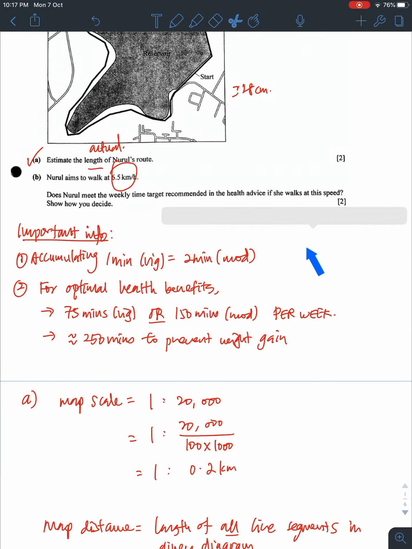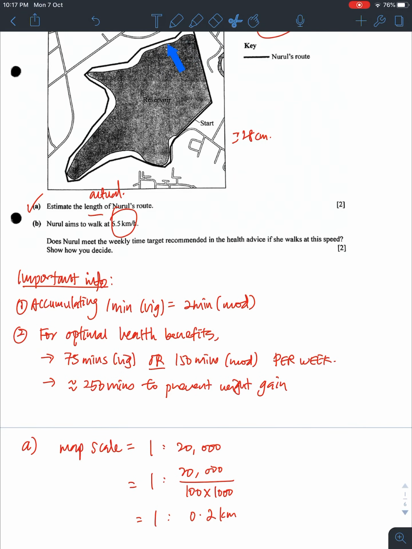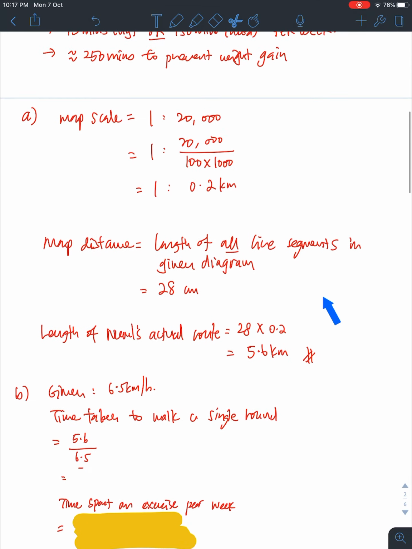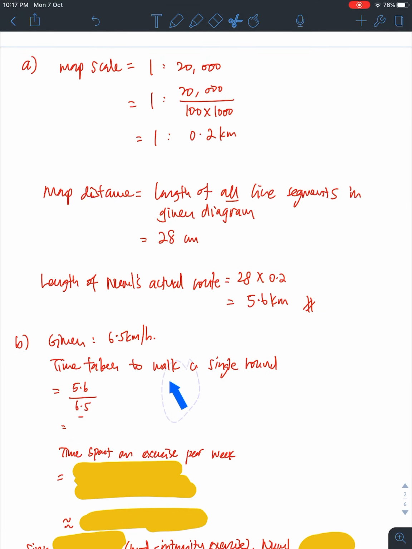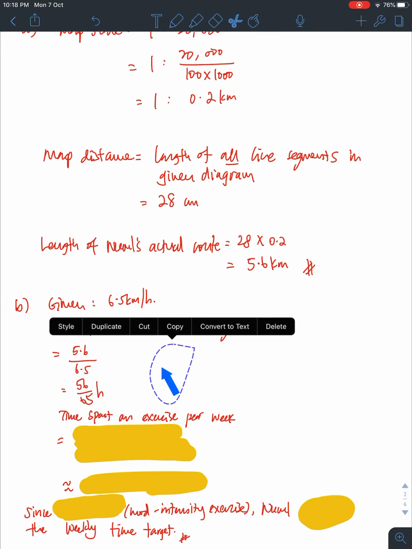So what we need to do is to compute the time she takes to walk around this reservoir. Since we know the actual distance and we know her speed, it's quite straightforward. The time taken is 5.6 divided by 6.5, which gives us 56/65 hour. I would like to leave this quantity in exact form so it's more accurate.